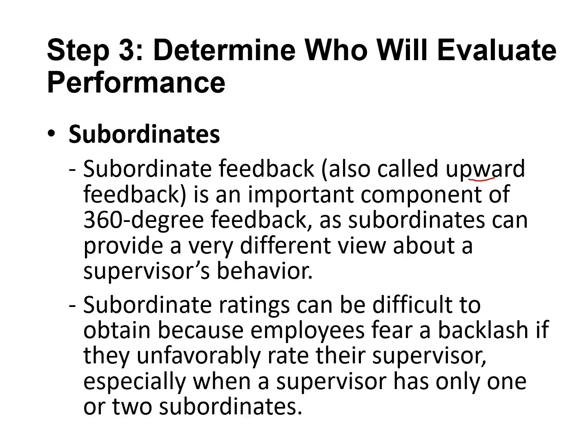So in other words, this is very problematic, especially for those wherein their unit, say for example, is only composed of three people, the supervisor and then the two subordinates. So if the supervisor got a very low score, then it's easy for him or her to identify why he or she got a low score.